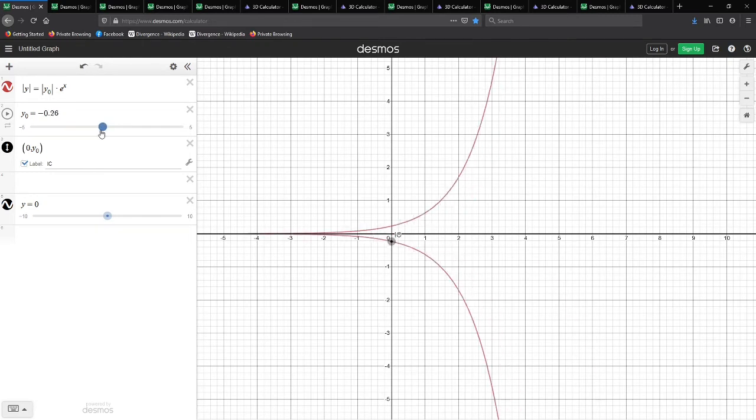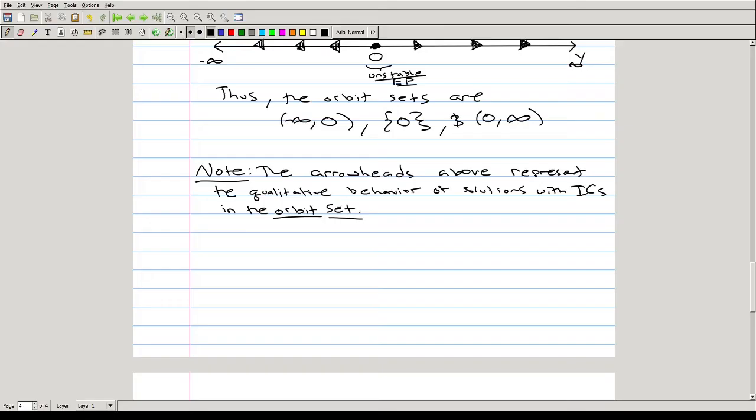So this is what is meant by what we just did with our orbit sets. We have multiple different possible orbit sets that the Malthus equation solves in general, in its most general form. So let's take a snapshot of this, put it in the notes.